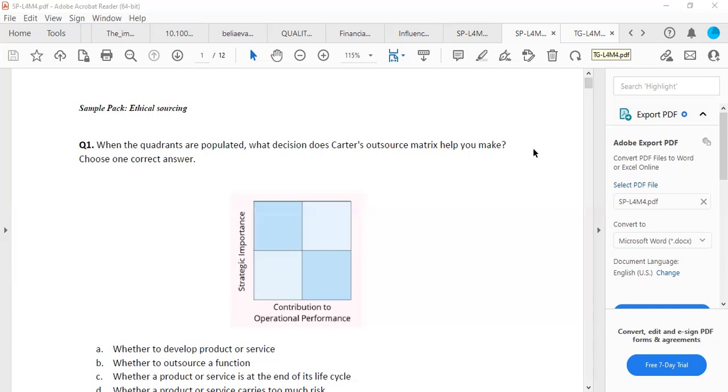We looked at that and the use of credit rating agencies to ascertain the financial capability of suppliers. So the credit rating agencies like Moody's, like Dun and Bradstreet, like Equifax, they are there to help us know whether our suppliers are financially sound and can do the job when awarded a contract.